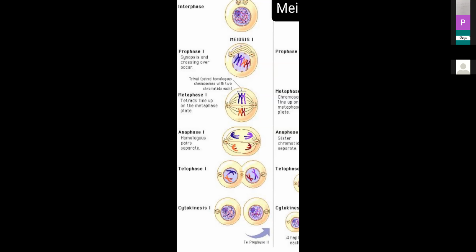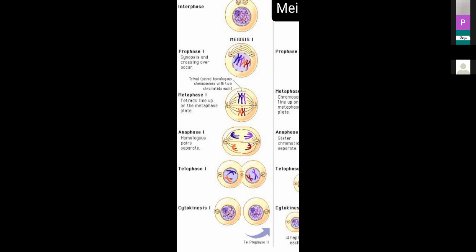In anaphase 1, the two members from each pair got separated. The two homologous chromosomes in each pair got separated and headed towards respective poles.